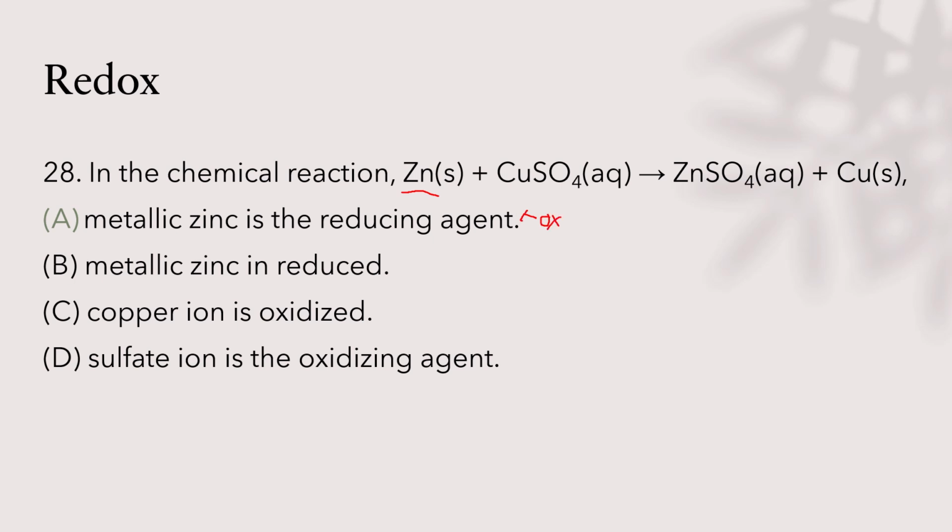Well, it went from neutral zinc to zinc with a +2, and losing electrons, which is what happened here because it went from 0 to +2, so it lost 2 negatives to become positive. Losing electrons is oxidation. So if losing electrons is oxidation, then A is correct. Zinc is the reducing agent because the reducing agent is the one that's oxidized.